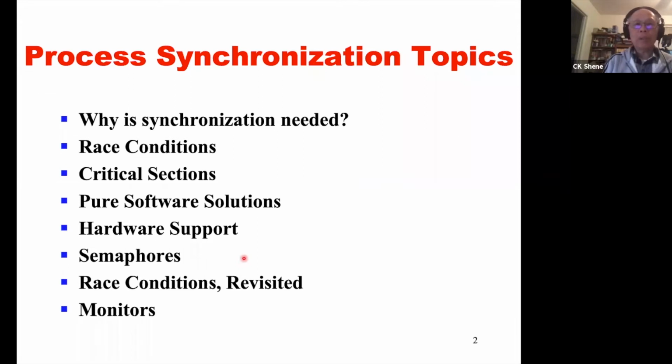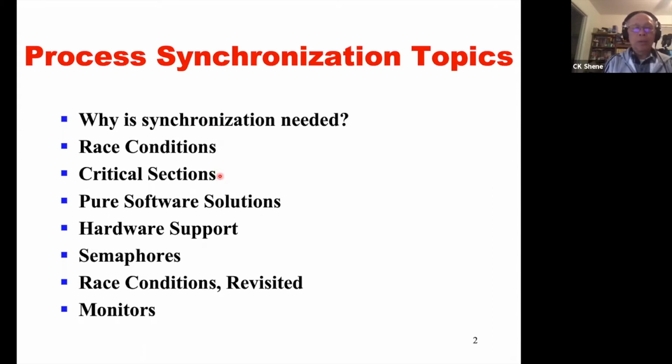Possible topics throughout this semester will be: one, why is synchronization needed? Followed by race conditions. To handle or avoid race conditions, we need a concept called critical sections.